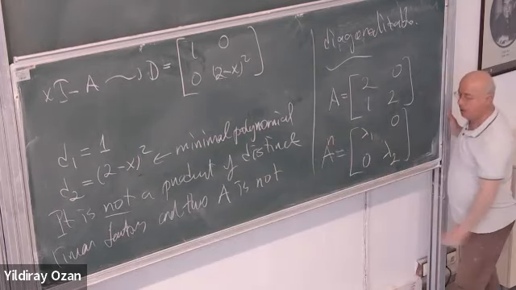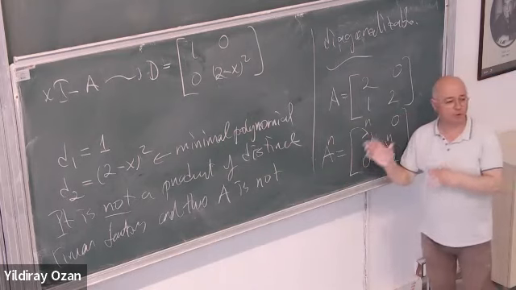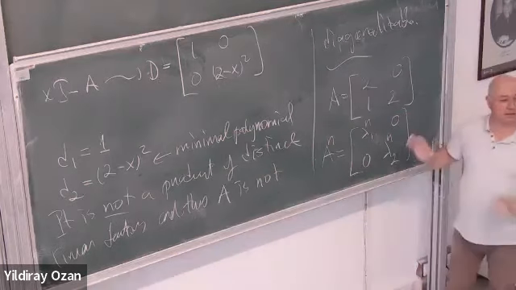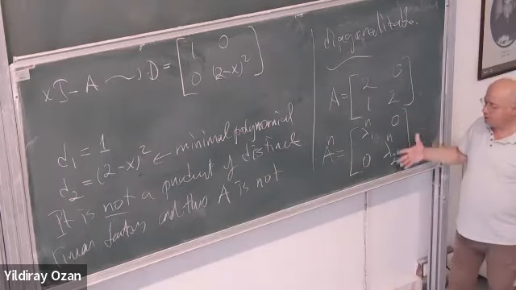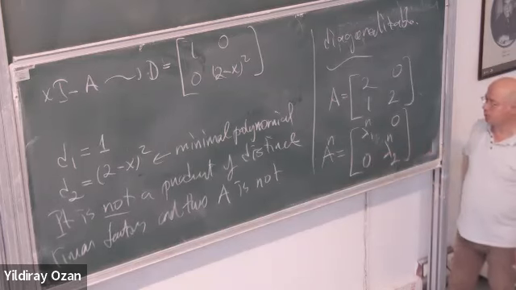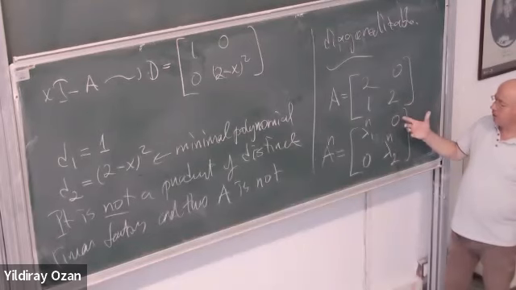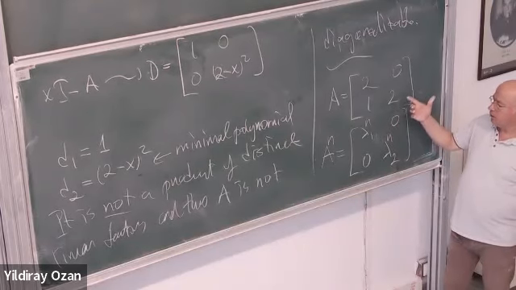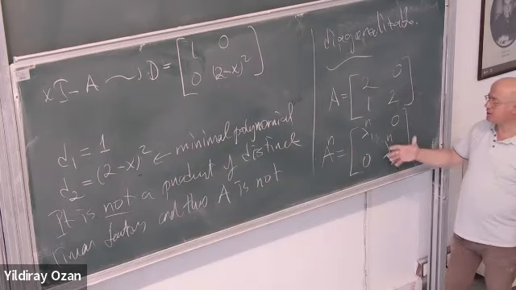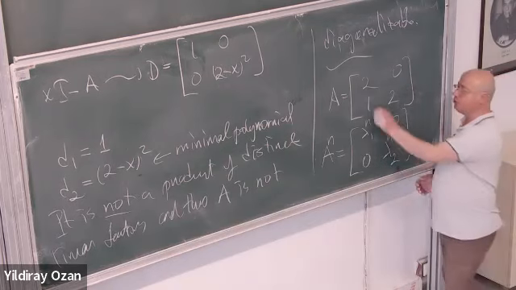Any power will be just this one. And actually, you can compute all the functions of this, and it will be easy to make computations with a polynomial. But some operators don't have this form. They are not diagonalizable. So what can you do?